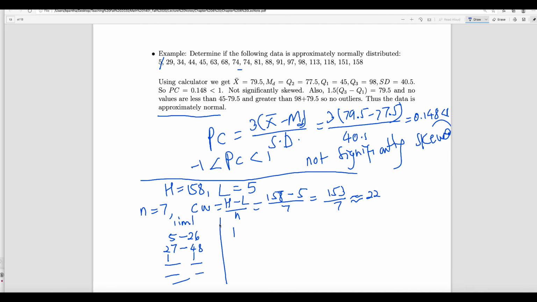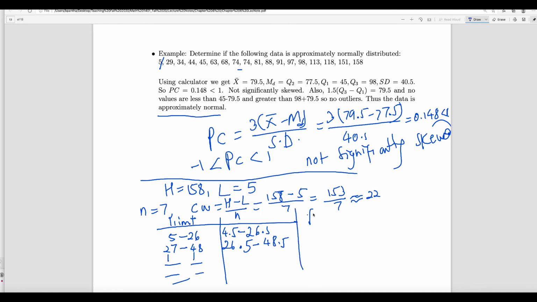From the class limits you can find the class boundaries. Subtract 0.5 from the lower limit, so 4.5 through 26.5, and then 26.5 through 48.5, and so on.